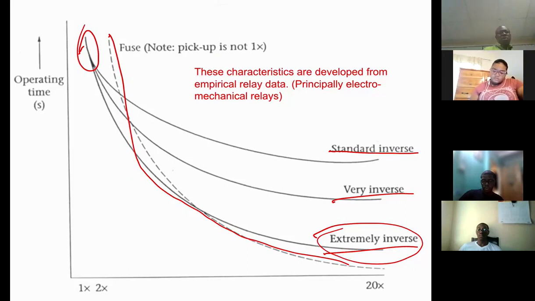And then for your inverse relays, the characteristics we just mentioned are very inverse, standard inverse, and extremely inverse. All right? Any questions so far? Any comments? Anything you want me to clarify before I go any further? No? All right.